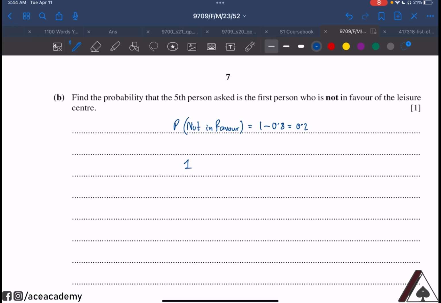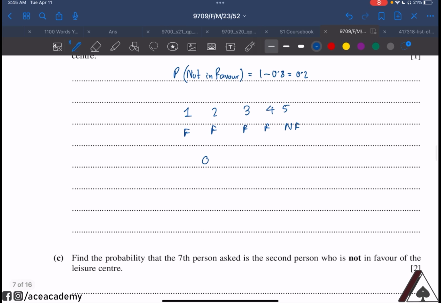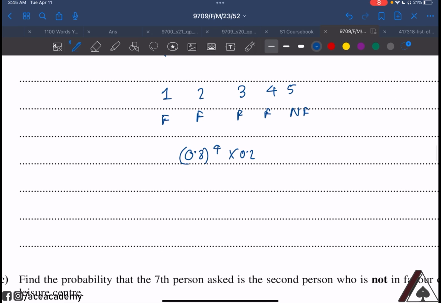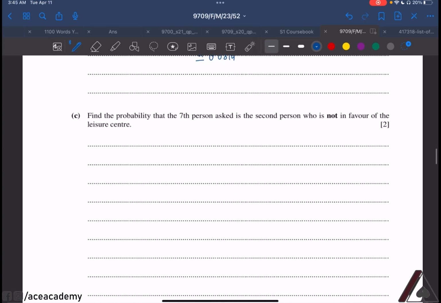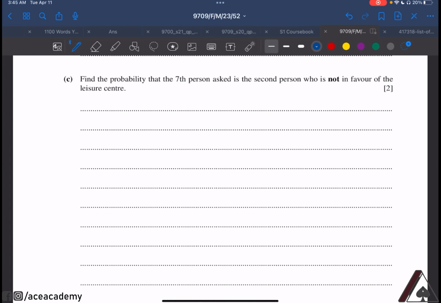So there will be 5 people, 1, 2, 3, 4, and 5. First favor, favor, favor, favor, and then not favor. So this will be 0.8 to the power 4 into 0.2, which is 0.0819.